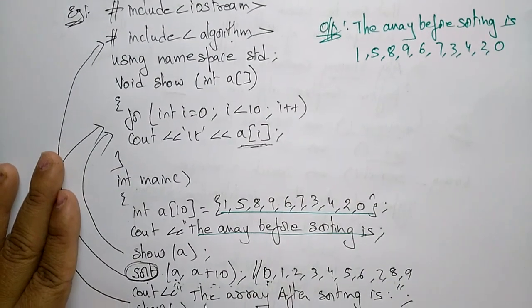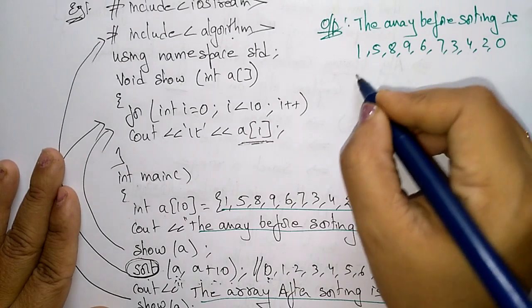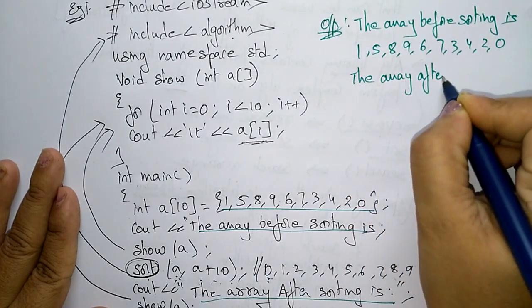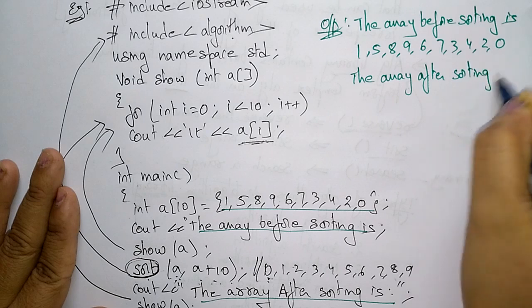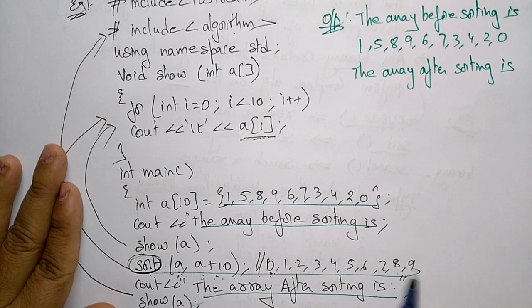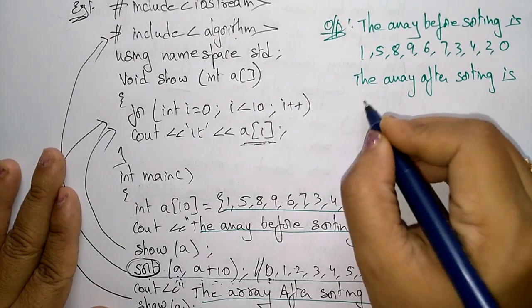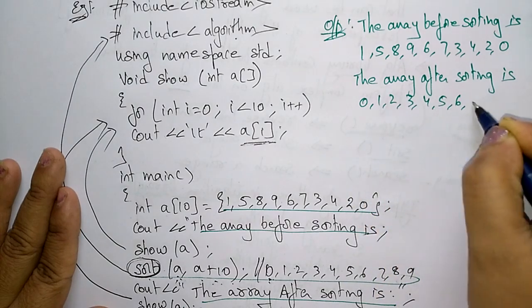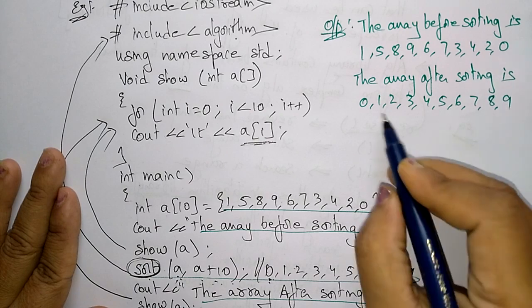Next, the array after sorting is, and this will be printed, meaning all the elements are sorted. Those values will be printed with the help of this show(a) function: 0, 1, 2, 3, 4, 5, 6, 7, 8, 9.